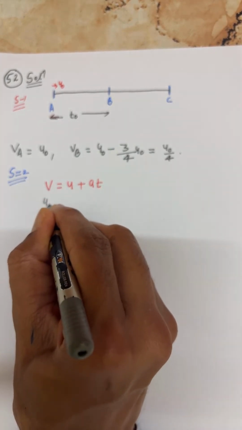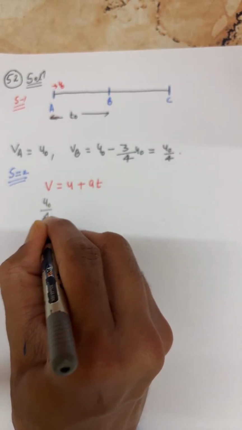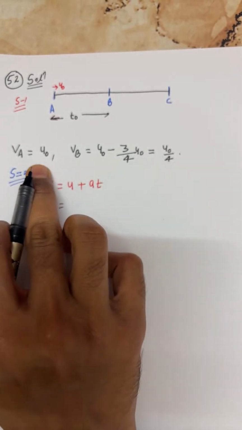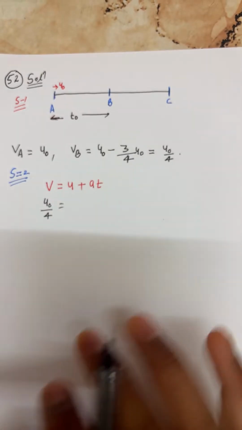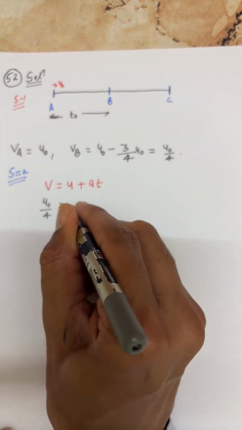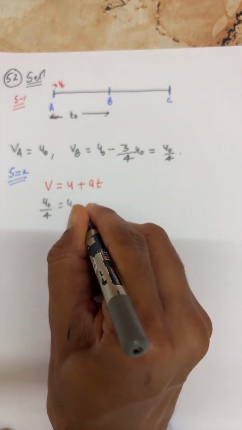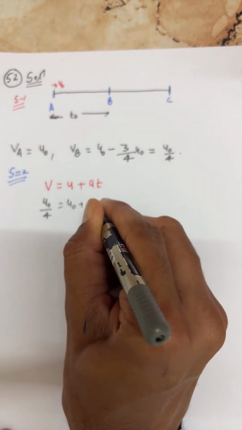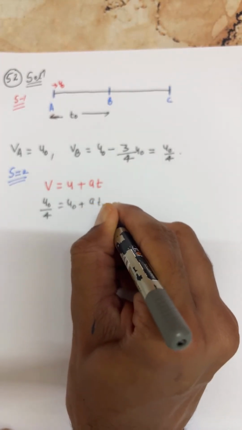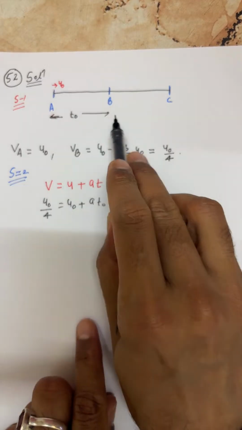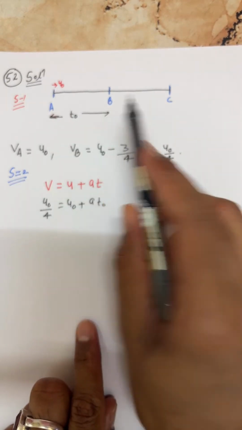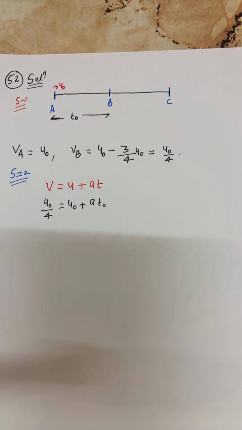So we can write U naught by 4. What is the initial velocity here? That is what we considered from our side. So this remains U naught plus A into T naught. T naught is mentioned here because once the particle arrived over here, the time is T naught only.